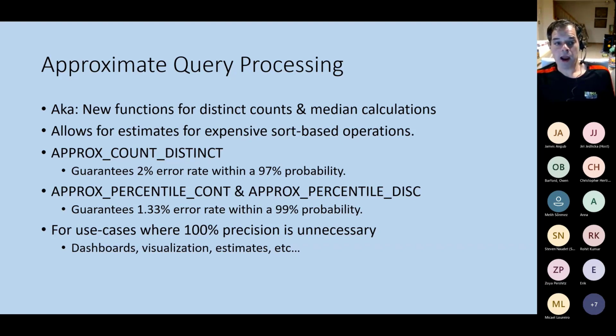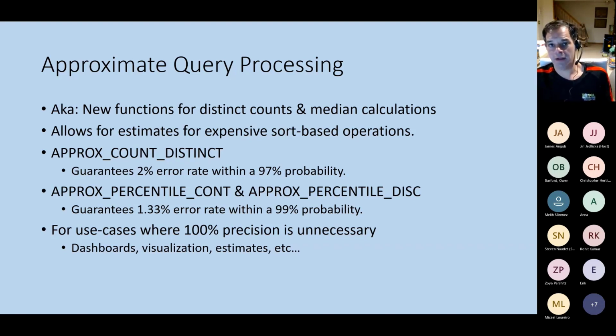These functions are available. They have a pretty low error rate with a very high probability. And if you use them, you get a value close to the actual value. You'll get it a lot faster, and it'll use fewer resources. So using less compute, getting your value faster, and that's generally a good thing.